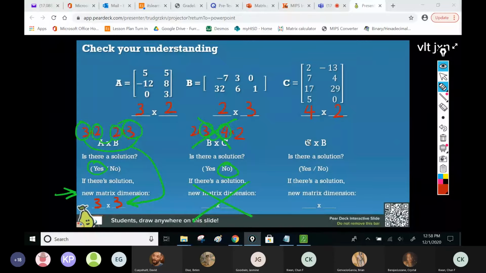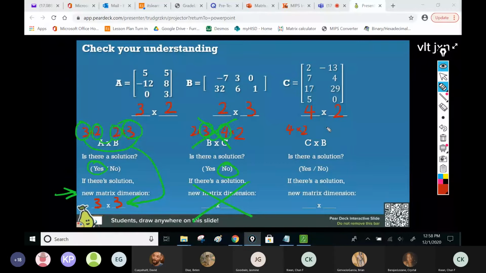All right, and then the last one. Quite a lot of you guys make mistakes right here. Even though this is very similar to the one before, the order matters. The order, it matters. So the C is the first matrix. That means you put it right here, 4 by 2.